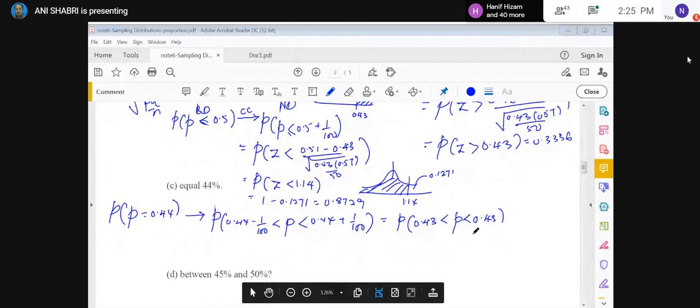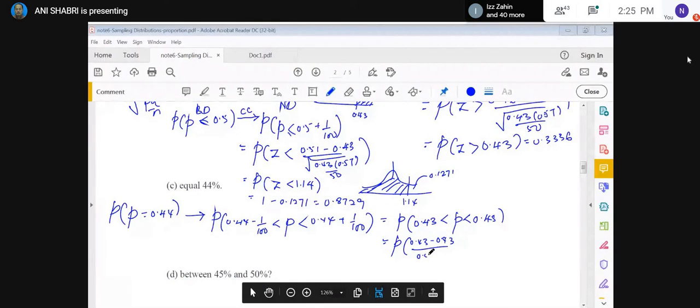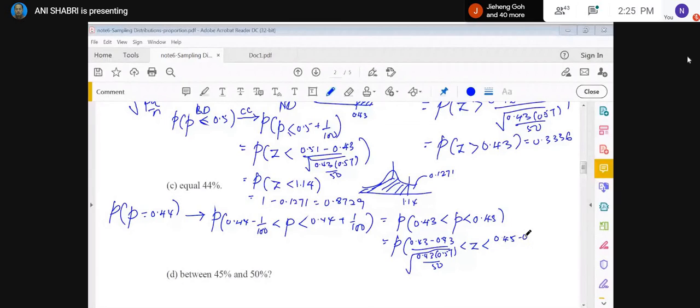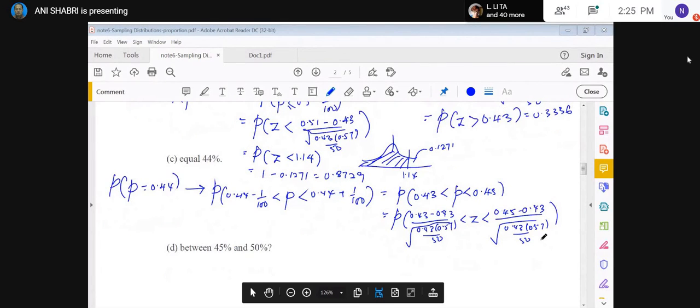After that, it is equal P 0.43 divided by 0.7, and this one Z 0.45. After that we can get here, this one Z is equal, okay, try calculate that for this one.